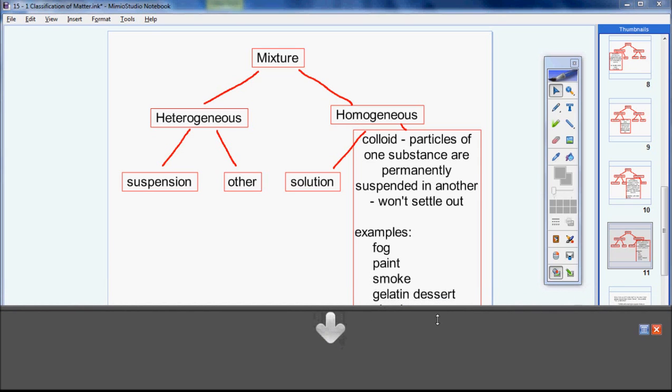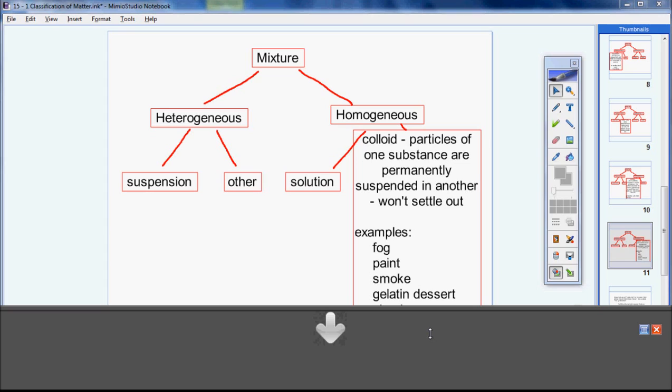Gelatin dessert. I put up gelatin dessert to avoid copyright infringements. You probably know it as the trademarked name Jell-O. So Jell-O is a special type of substance. It's actually a liquid suspended in a solid.